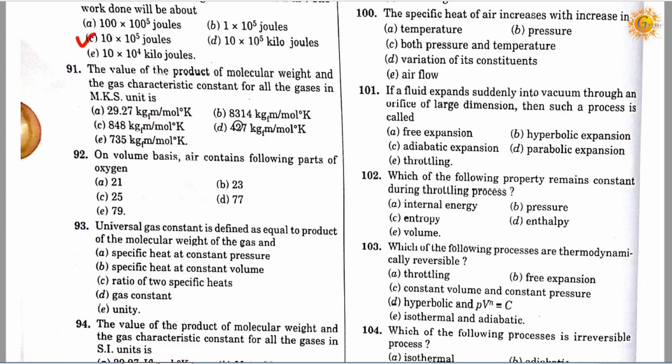Option B 8314 kgfm per mole degree Kelvin, and option C is 848 kgfm per mole degree Kelvin, and option D is 427 kgfm per mole degree Kelvin, and option E is 735 kgfm per mole degree Kelvin.